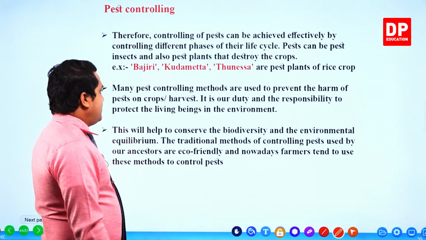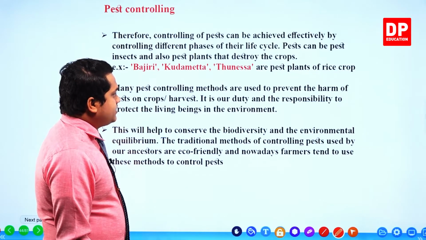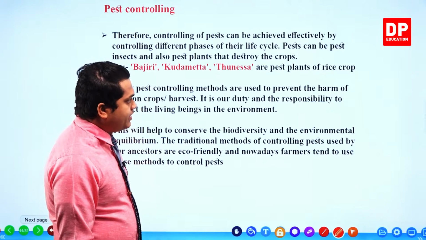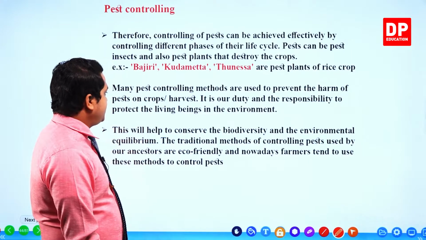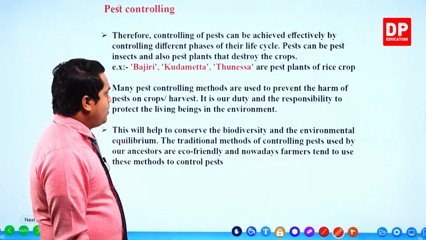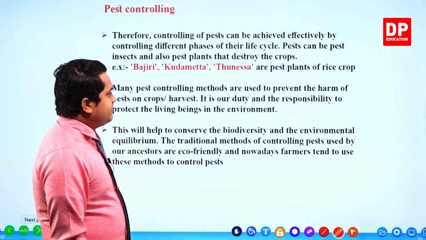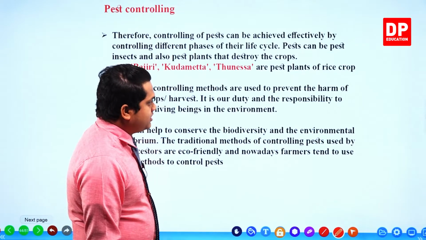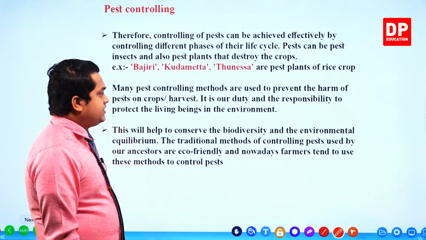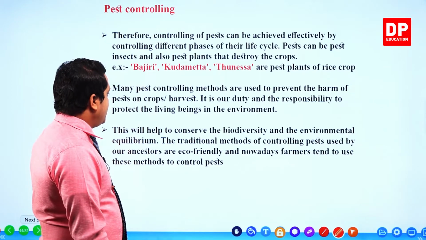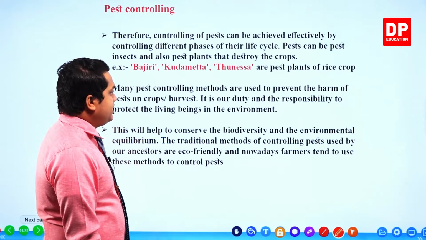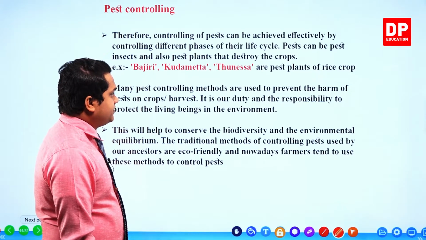Then many pest controlling methods are used to prevent the harm of pests on crops or harvest. It's our duty and responsibility to protect the living beings in the environment.